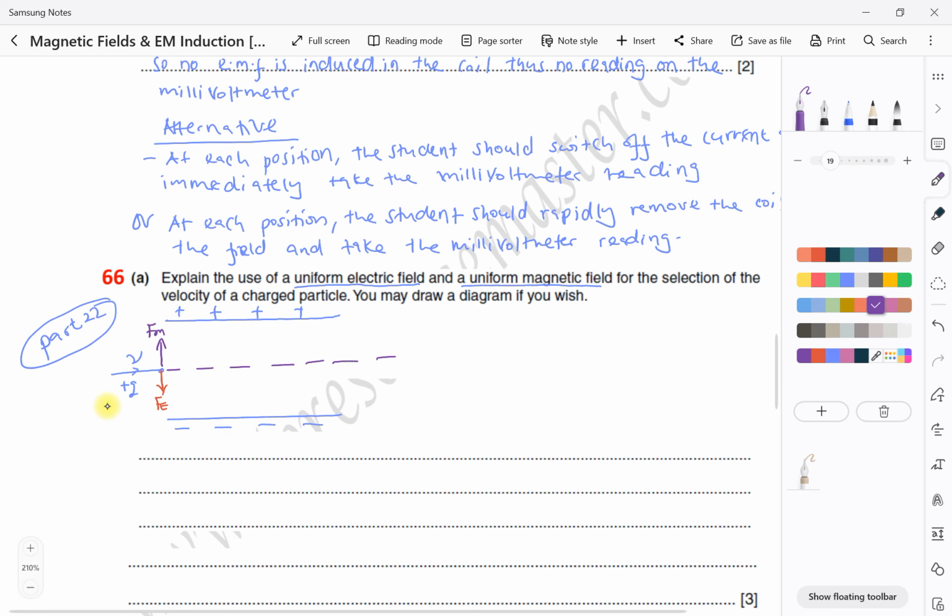I'm going to introduce a magnetic field into the page so that by Fleming's left-hand rule, when the force is upwards, the second finger is pointing towards the right and the thumb points into the page. So this is going to be a magnetic field into the page.